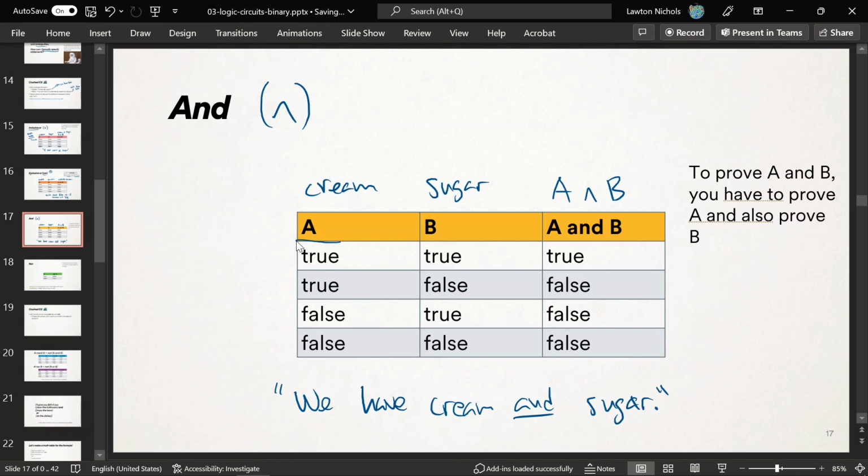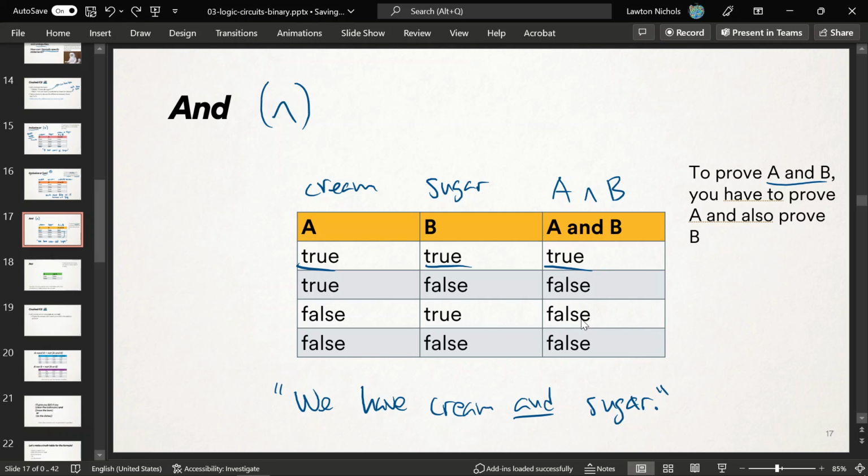They're ANDed together. So in order for an AND to be true, you can only be in this one case, right? A better be true, B better be true. That's the only thing that makes their combination, their AND, to be true. Okay? So to prove that A and B is true, you have to prove that you have A and B at the same time.